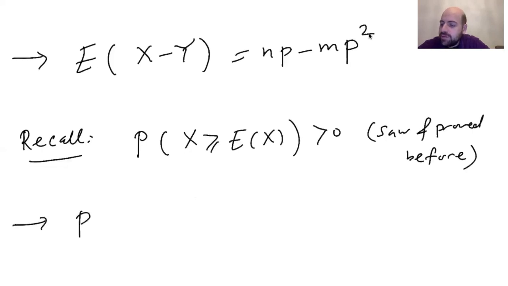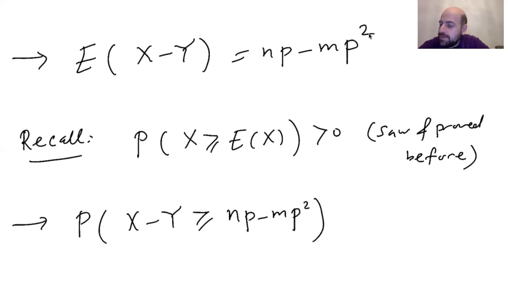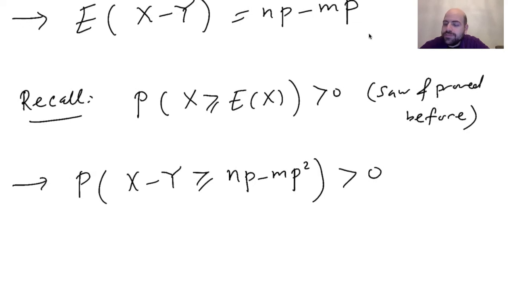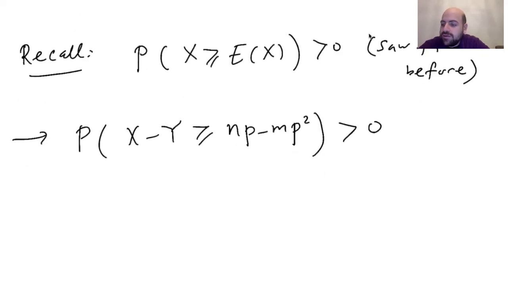So that means the probability that X minus Y is bigger than or equal to the expected value of X minus Y, which is NP minus MP squared, is bigger than 0. So what does this mean when you say the probability of X minus Y bigger than or equal to this number is bigger than 0?